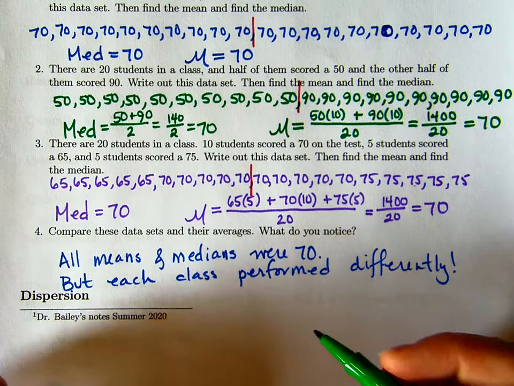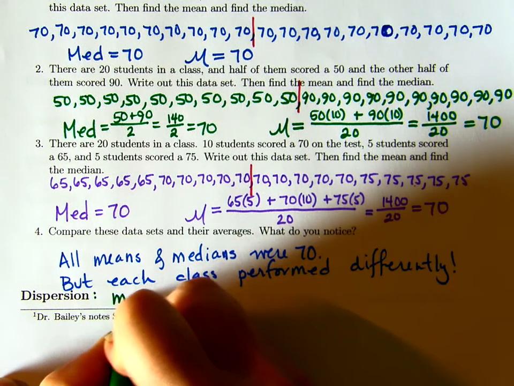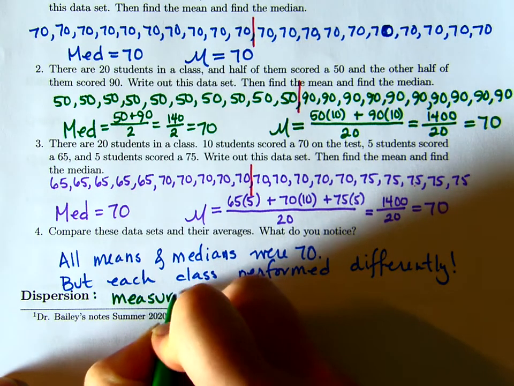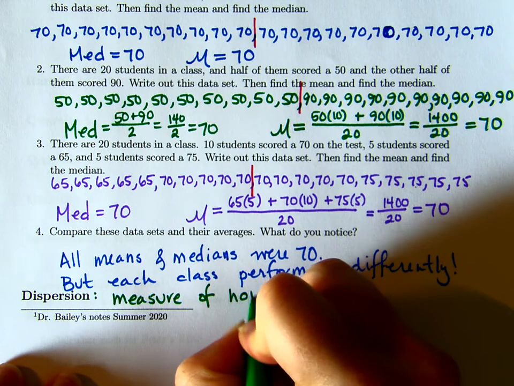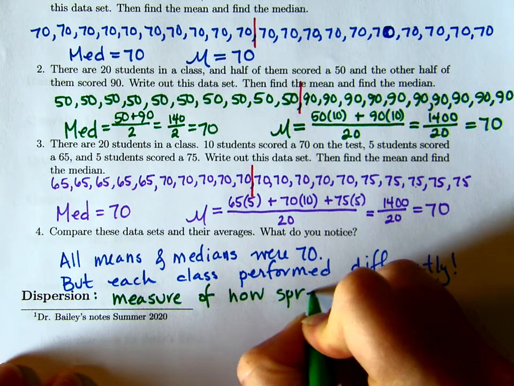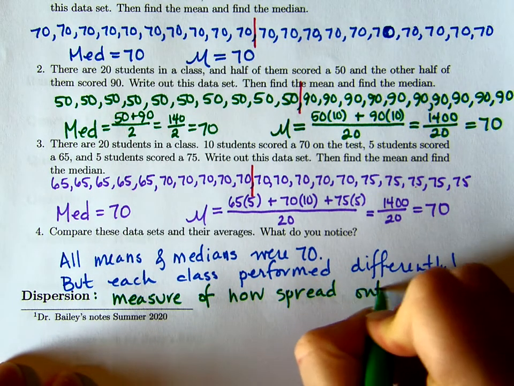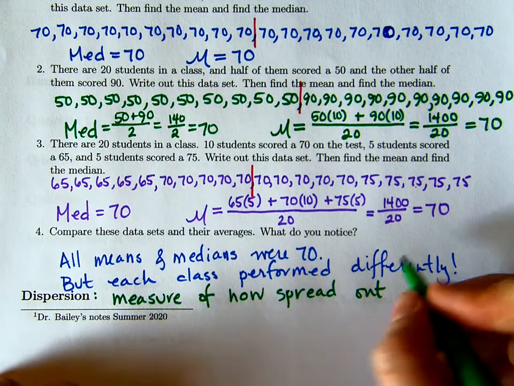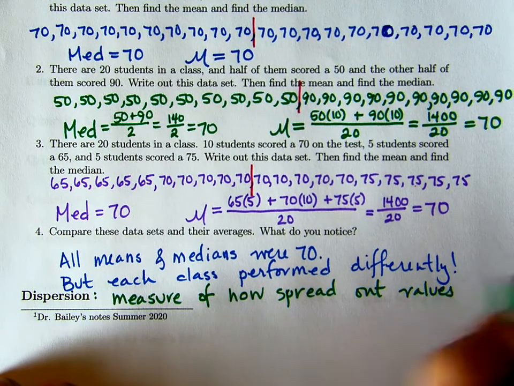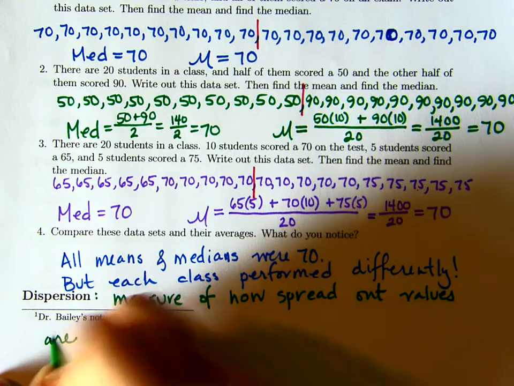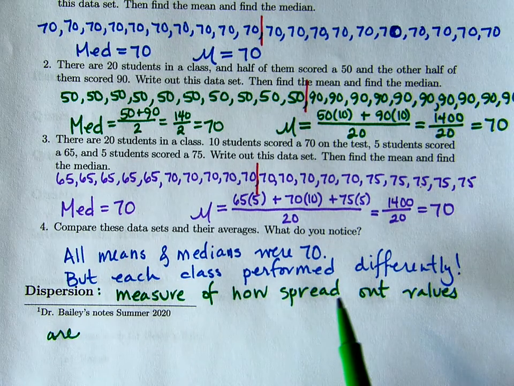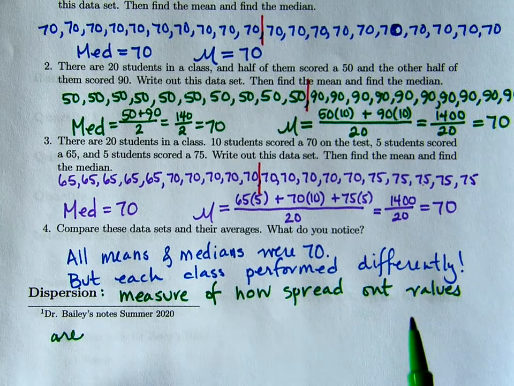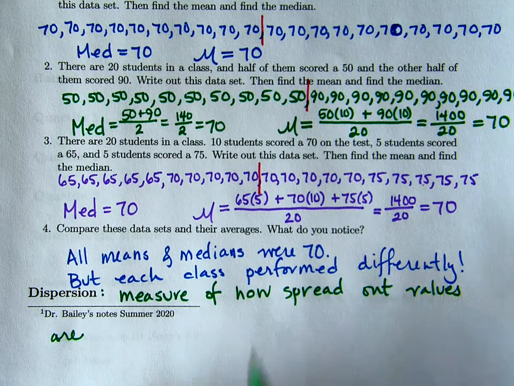And so dispersion is a measure of how spread out values are. Okay, that presupposes that the data that we have are numerical values because it says they're spread out.